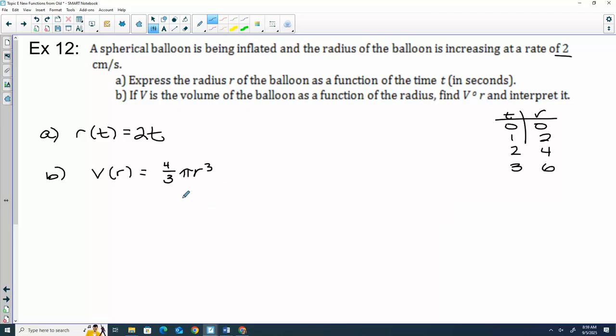I want you to do V composed with r. So I'm asking you to do V of r of t. I want this volume in terms of time, not radius.